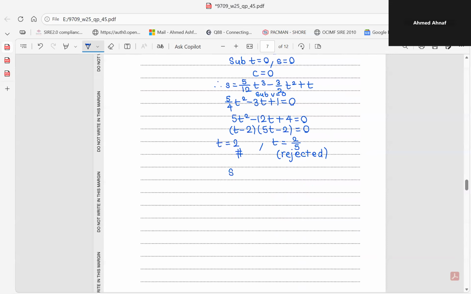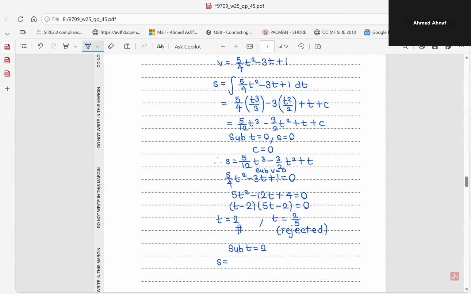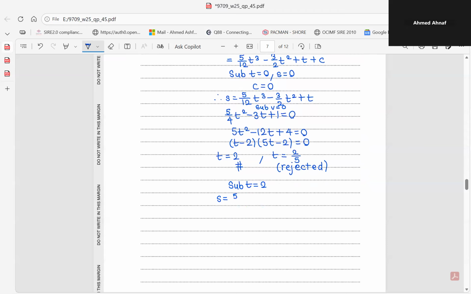Let's sub t equals 2 into s. So s would just be 5 over 12 times 2 cubed minus 3 over 2 times 2 squared plus 2.